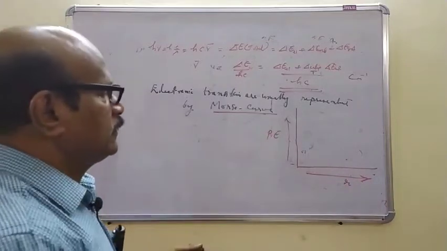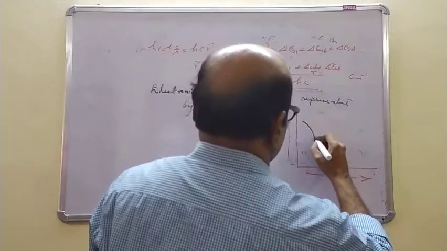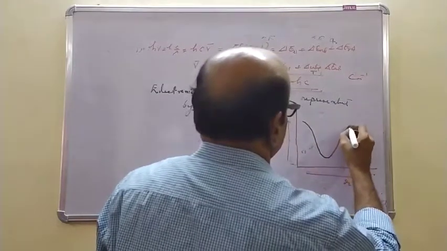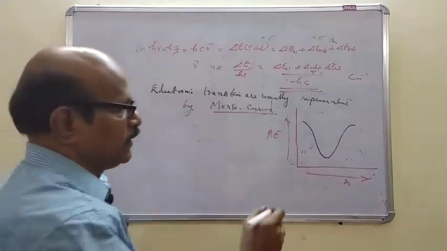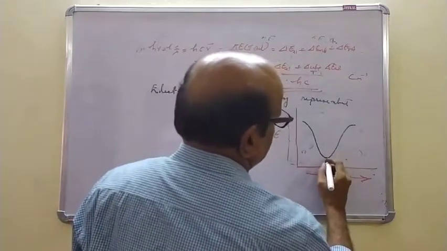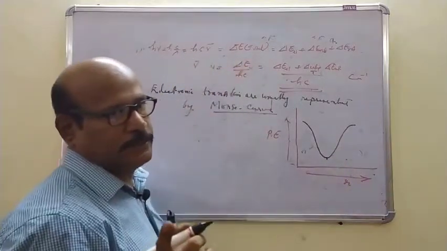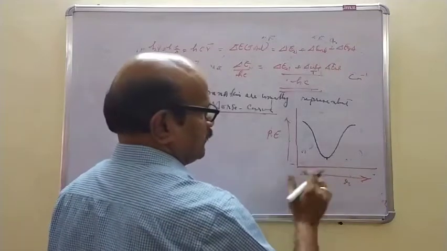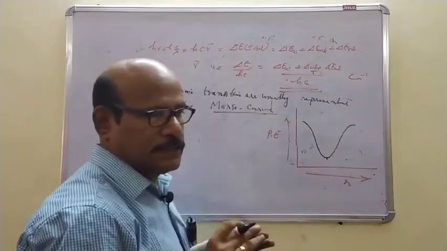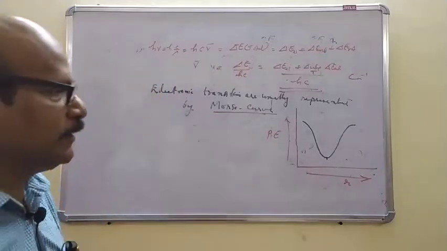For a ground state, the shape of the curve is like this. The minimum point of the curve represents the equilibrium internuclear distance. Any variation from this distance represents the extent of the oscillation or vibration of the molecule from the equilibrium distance.